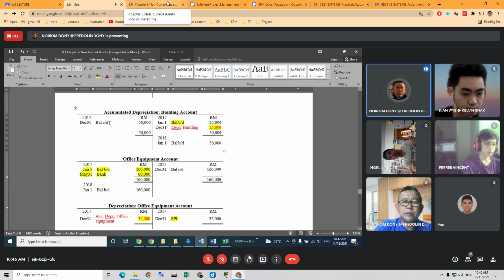What is balance CD? Balance CD is a debit balance, which is debit total is more than the credit side for 50,000. So this is credit balance. Look at the location of balance BD on the credit side.